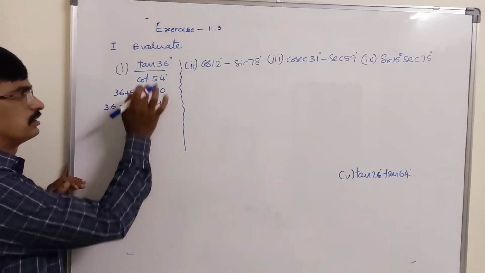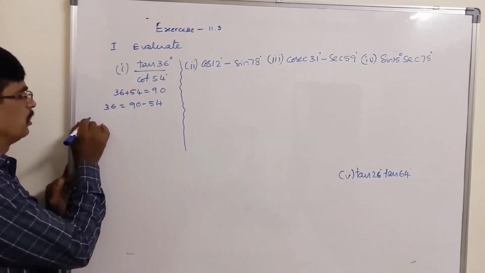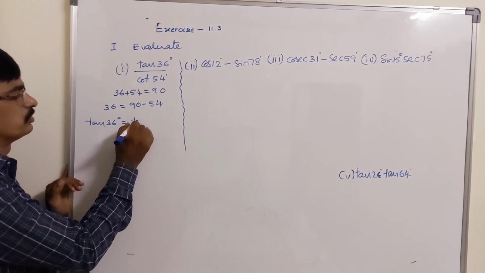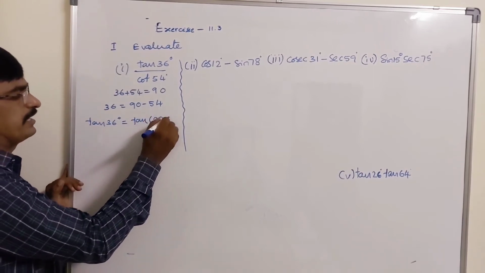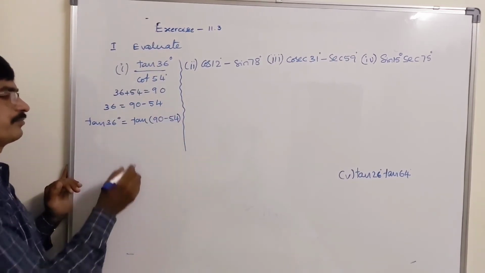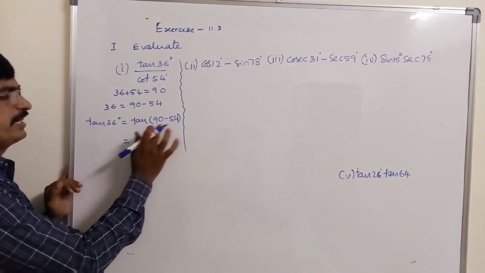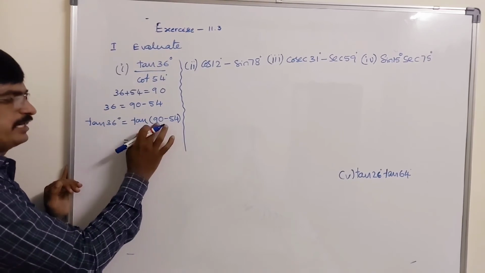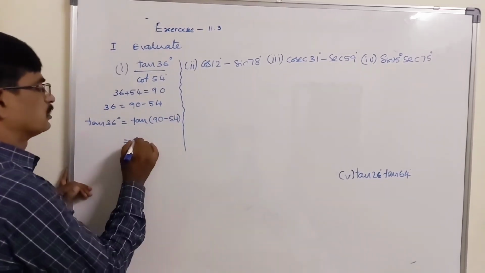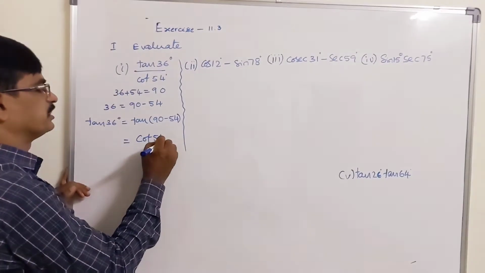Then apply tan on both sides. Tan 36 degrees is equal to tan of 90 minus 54 degrees. That is tan of 90 minus theta, in the first quadrant, that is cot 54 degrees.